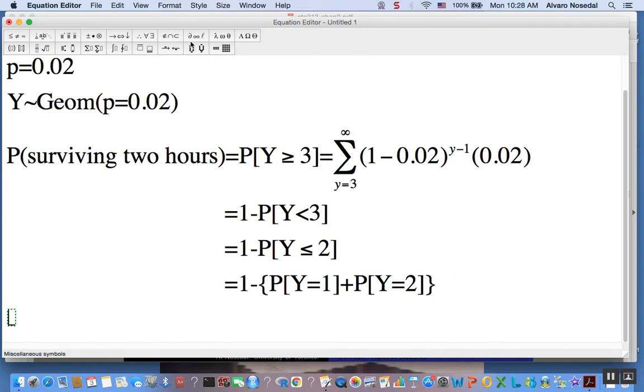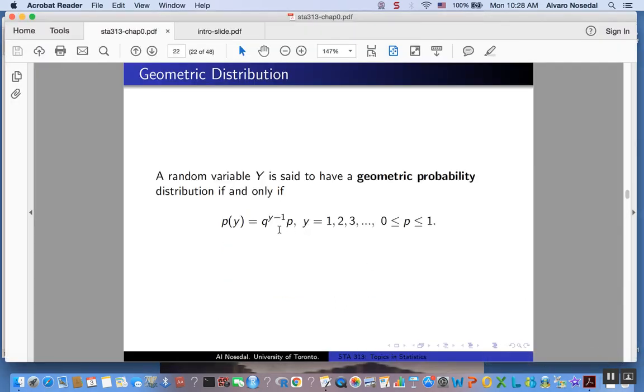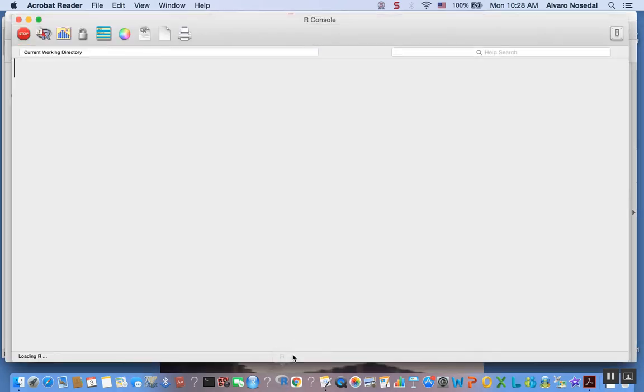So let's use R to find this. We just have to use the probability mass function twice.